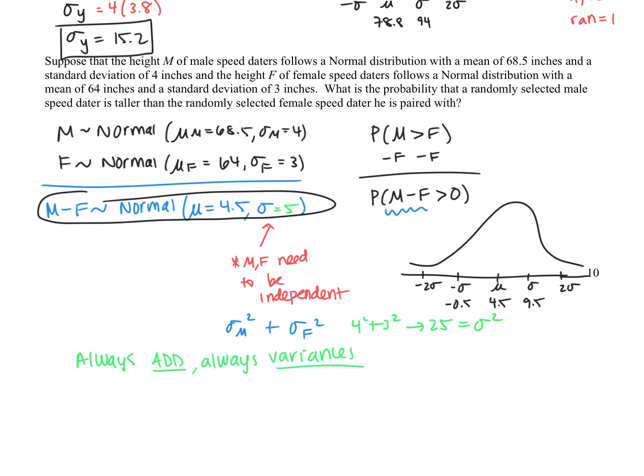And we're looking for the probability of being greater than 0. So 0, let's say, is about here. So we're looking for all of this. And like we just did before, plain old normal CDF problem.